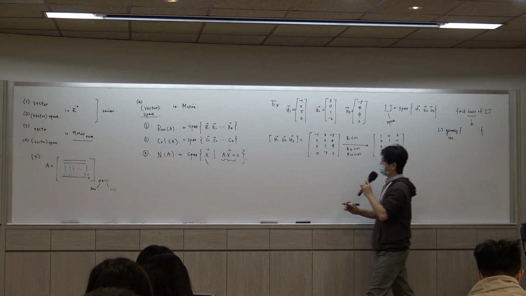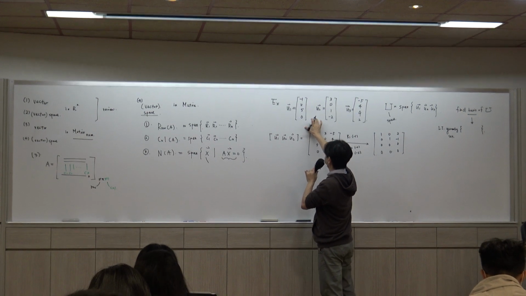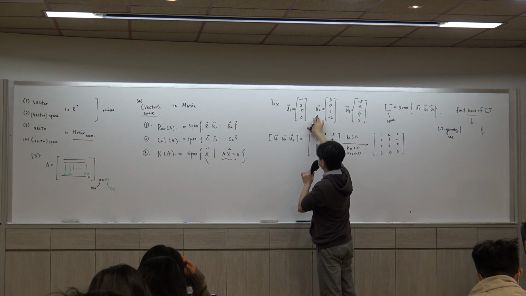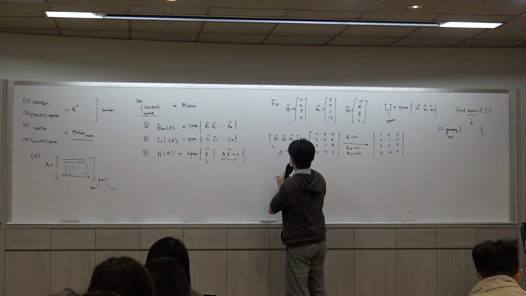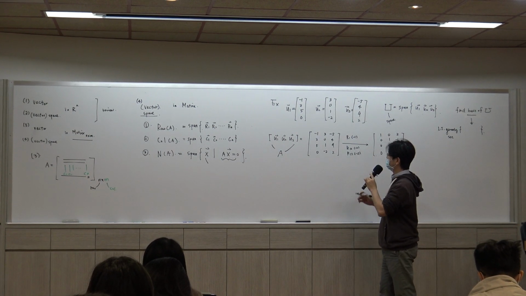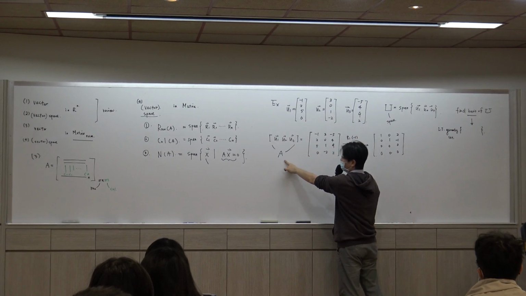So the first step, the matrix A is composed of the three vectors here.